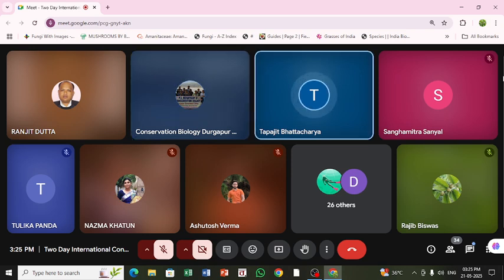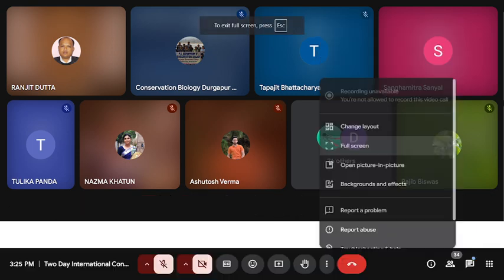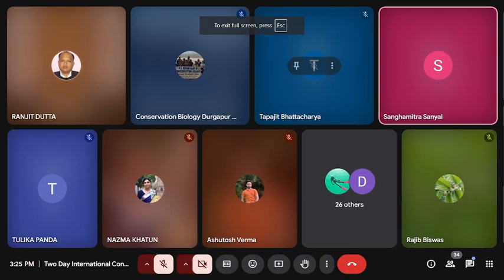So I will invite Mr. Sanghamitra Sanyal to discuss making sense of matrix comparing 6 water quality assessment techniques. Sir, please. Thank you. Let me just share that slide first.